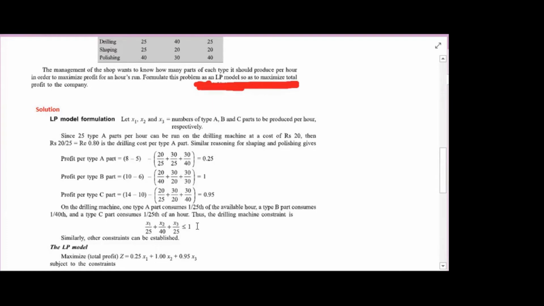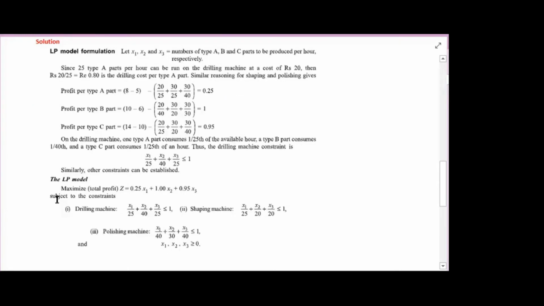So if a combination of A, B, C is going to be produced in 1 hour, then x1 upon 25, x2 upon 40 and x3 upon 25 should be less than or equal to 1 hour. Similarly, you can write the other constraints also: x1 upon 25, x2 upon 20 and x3 upon 20 less than or equal to 1 for shaping, and x1 upon 40, x2 upon 30 and x3 upon 40 for polishing.